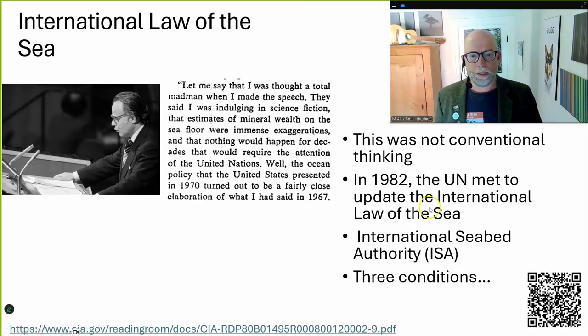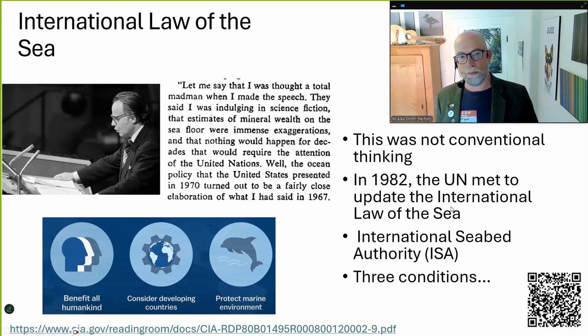And so in 1982, the UN met and updated the international law of the sea and created the ISA, or the International Seabed Authority, which could sign licensing agreements as long as three conditions were met.